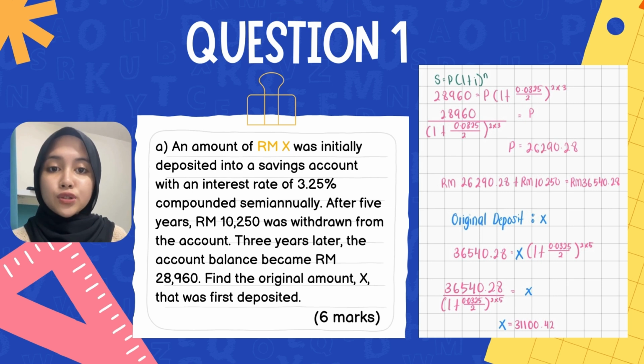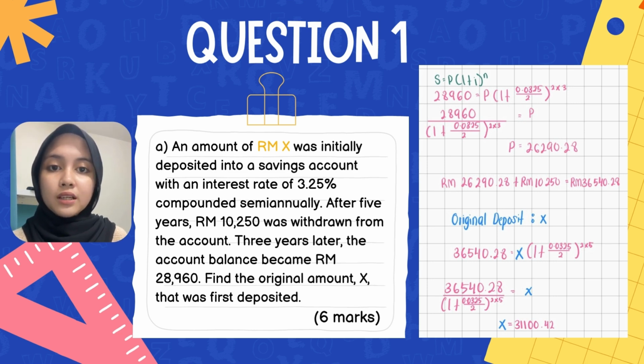So, let's go through the steps to solve this question. We need to calculate the original deposit. I use the formula of compound interest, which is S equals P(1 plus I) to the power N. First, let's calculate the P, the original principal for 3 years later. Our S will be 28,960 ringgit. Then, we need to get the I. I equals K over M. Our K is already given, which is 3.25.